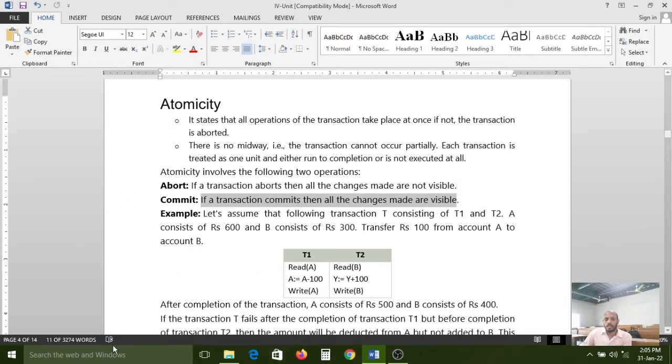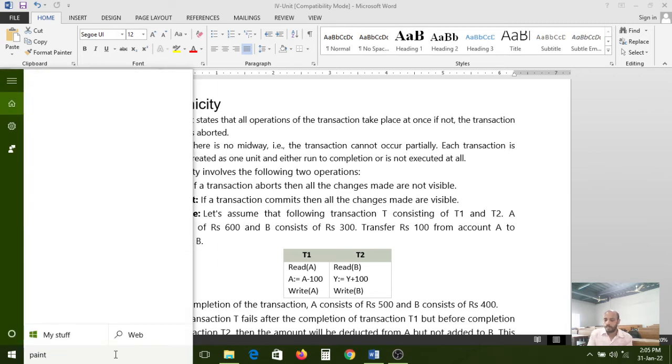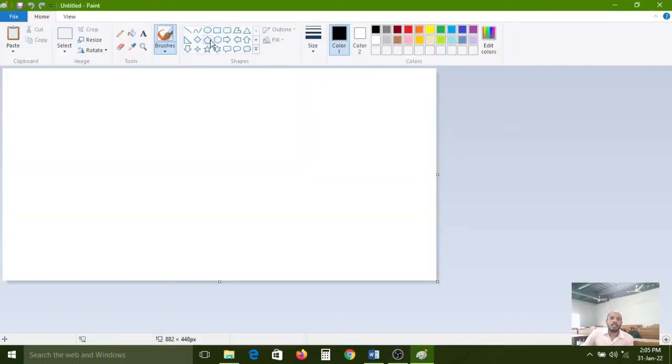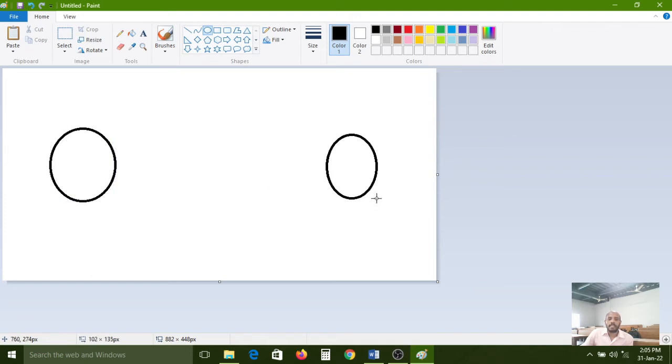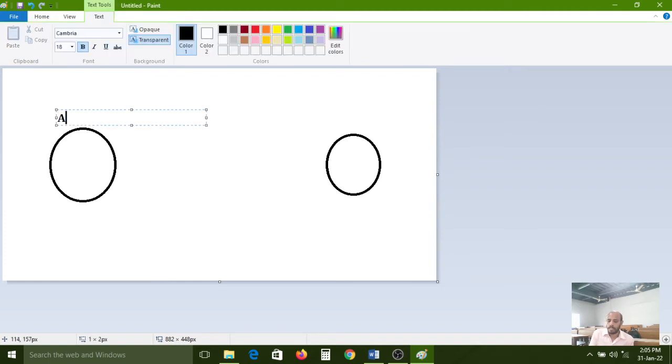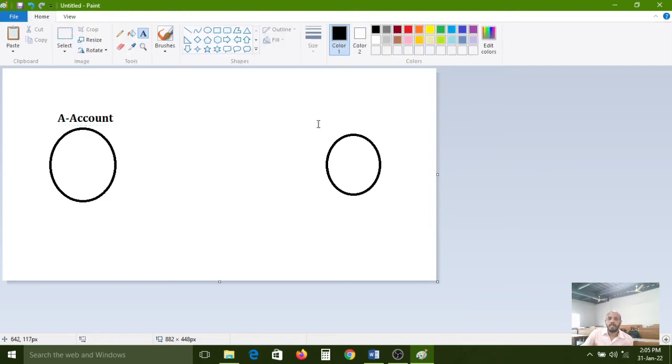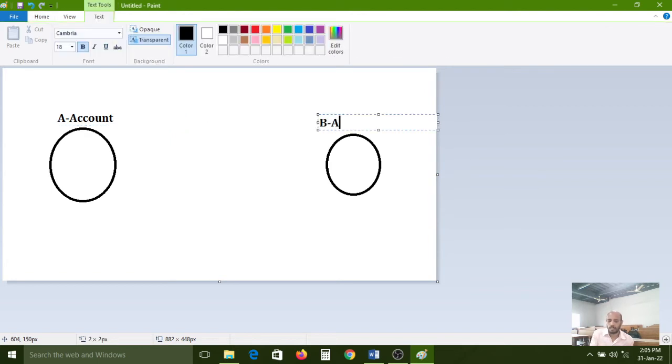For example, if I want to transfer 100 rupees from one account to another account. Carefully observe. This is account A. This is account B. Here A and B are users, A is one user, B is one user.